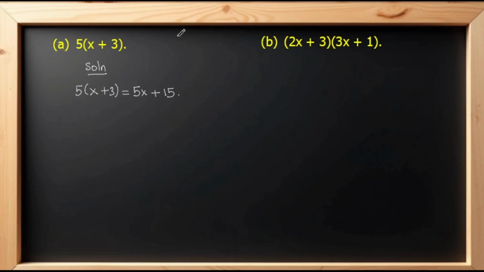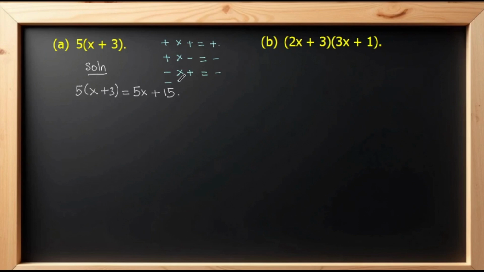Please note that there are some important signs that we need to mark. When we multiply positive by positive, the result will be positive. When we multiply positive by negative, the result will be negative. And the reverse of this one, negative times positive, the result is negative.